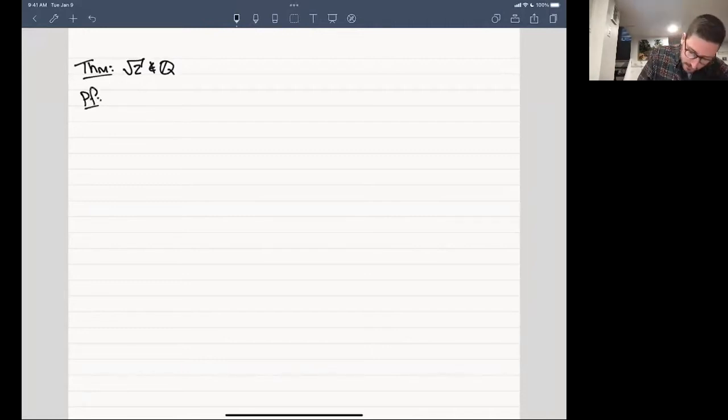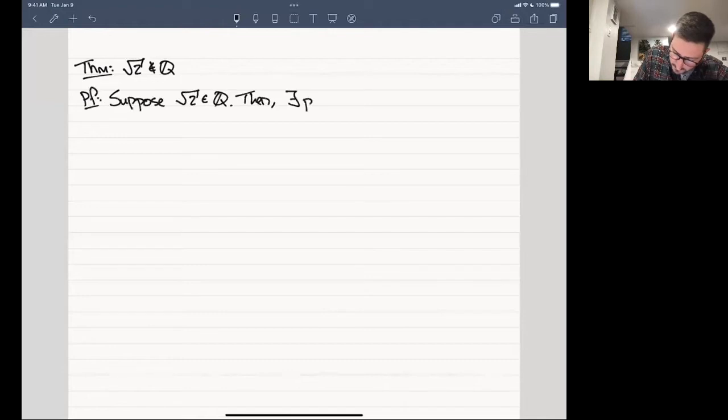Well, let's assume the contrary. Suppose the square root of 2 is a rational number. Then there exist p and q in Z, two integers, such that the square root of 2 equals p over q.